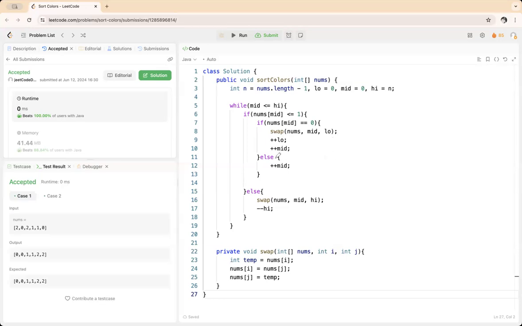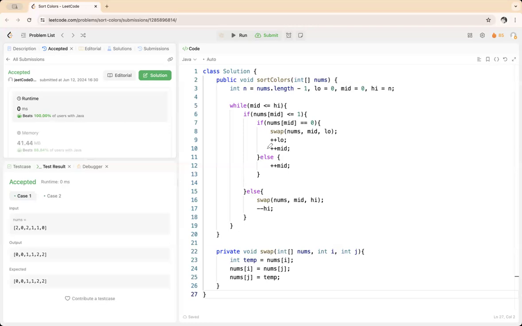And here also, this condition is nums of mid equal to 0, and this else will be if nums of mid is equal to 1. And if it is equal to 1, then we have to increment the mid. So for that same reason, we are incrementing mid here as well. These two places where mid is being incremented are done for the same reason. So I hope, with some little effort, you'll be able to see this.